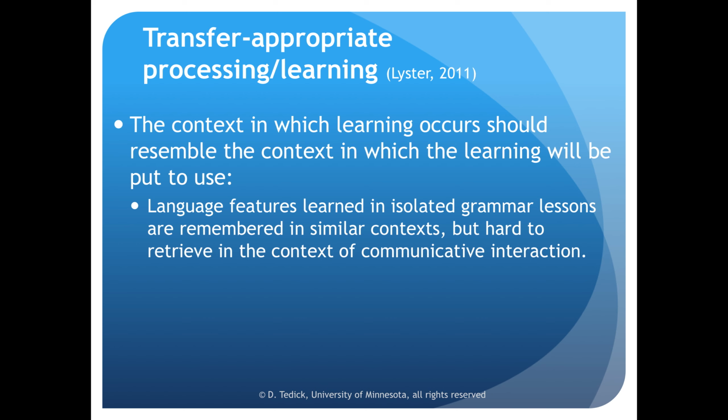I was good at it. But then when it came time to actually try to use that language in any kind of spontaneous and meaningful way, it was really hard. I got really good at conjugating verbs in an isolated way because that's what I was being taught to do. But then it was really hard to pull up the correct conjugation in communicative interaction.